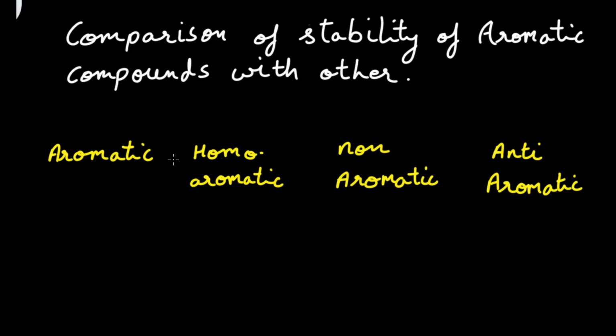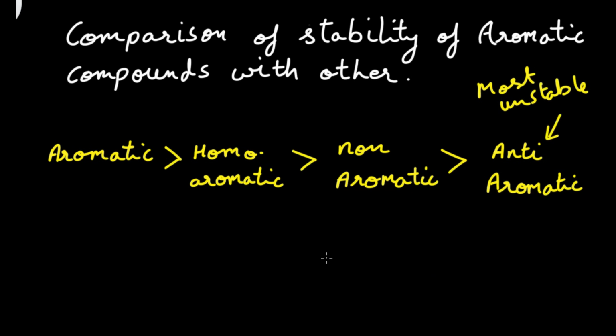Aromatic compounds are most stable. If you are comparing some compounds and there is an aromatic compound, then it will be most stable. After that, homoaromatic compounds will be stable. After that, non-aromatic compounds, and the most unstable will be anti-aromatic. Remember this sequence.